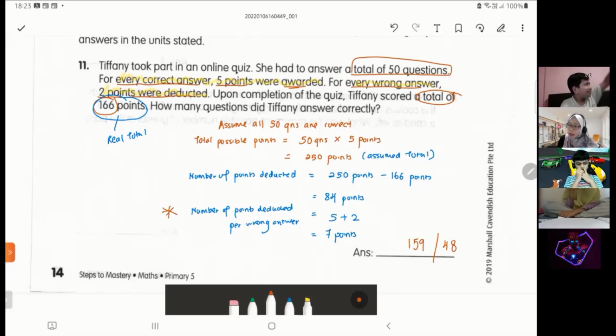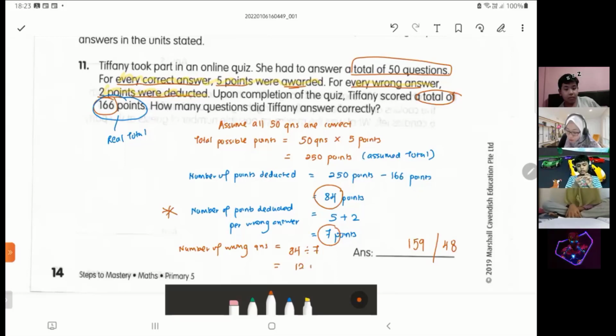All right. So now I want to know the number of wrong questions. I will take my 84 and my 7. 84 divided by 7, I will get 12. 12 wrong questions. Now, can I find my correct questions then?